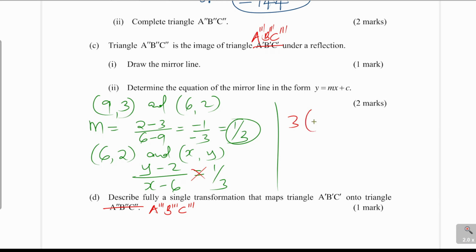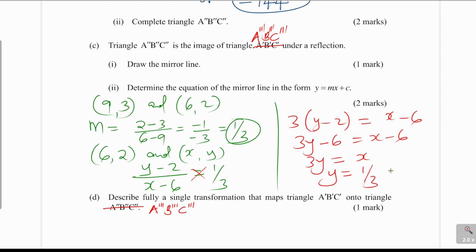So you have 3 times y subtract 2 is equal to x subtract 6. So this will give 3y subtract 6 is equal to x subtract 6. So 3y is equal to x plus 0, and therefore y is equal to a third x. That is the equation of the mirror line in the form y equals mx plus c.